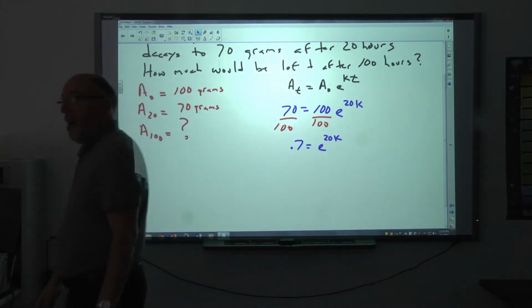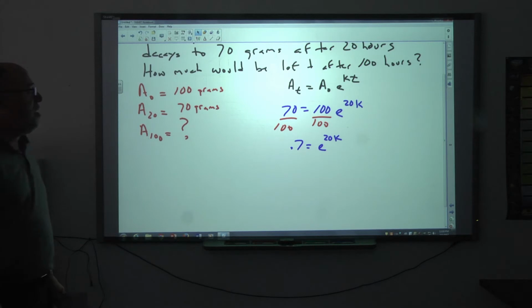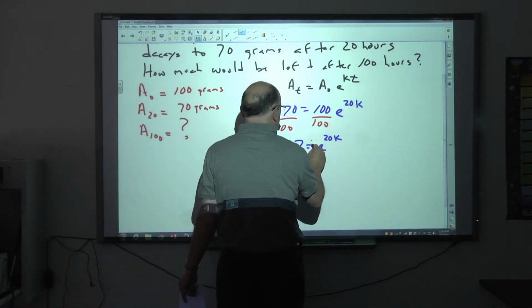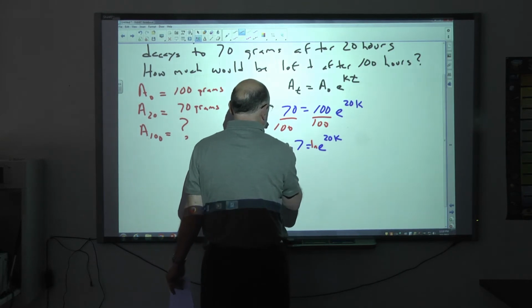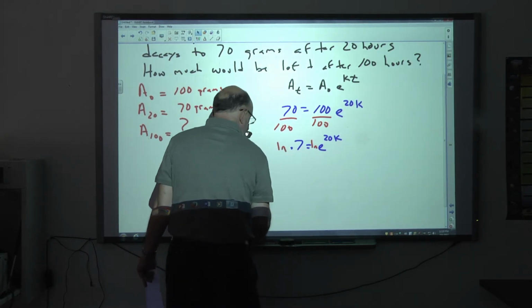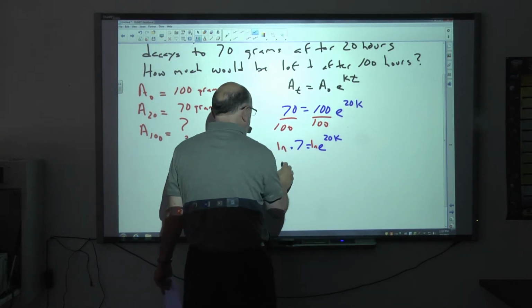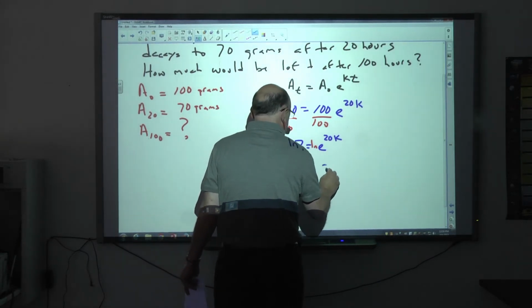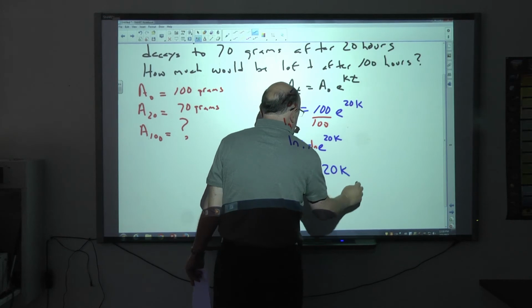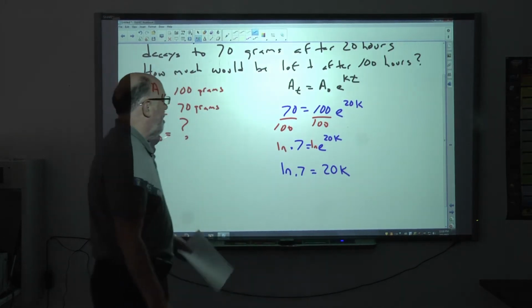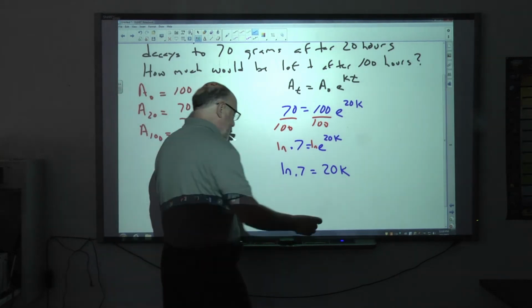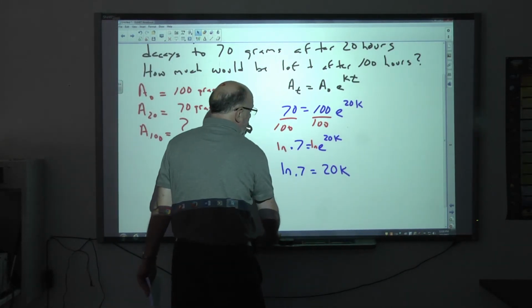Now the opposite of e is to take the natural log. So we're going to do the natural log of both sides. We get that the natural log of 0.7 equals 20k. So natural log and e cancel each other out. The next step is to divide by 20.